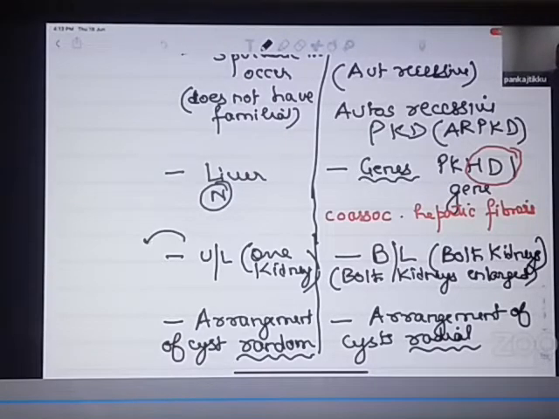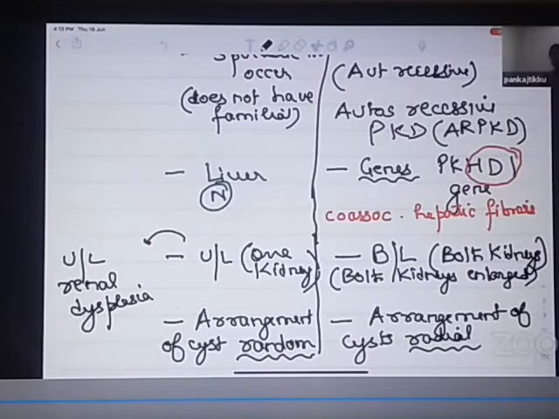That is why I told you it is sometimes also referred to as unilateral renal dysplasia. Finally, arrangement of cysts on an ultrasound. If the cysts are arranged in a radial fashion, then we call this a polycystic kidney disease. But if the cysts are arranged in a random fashion, large cyst, small cyst, large cyst, small cyst, we call this a multicystic dysplastic kidney.